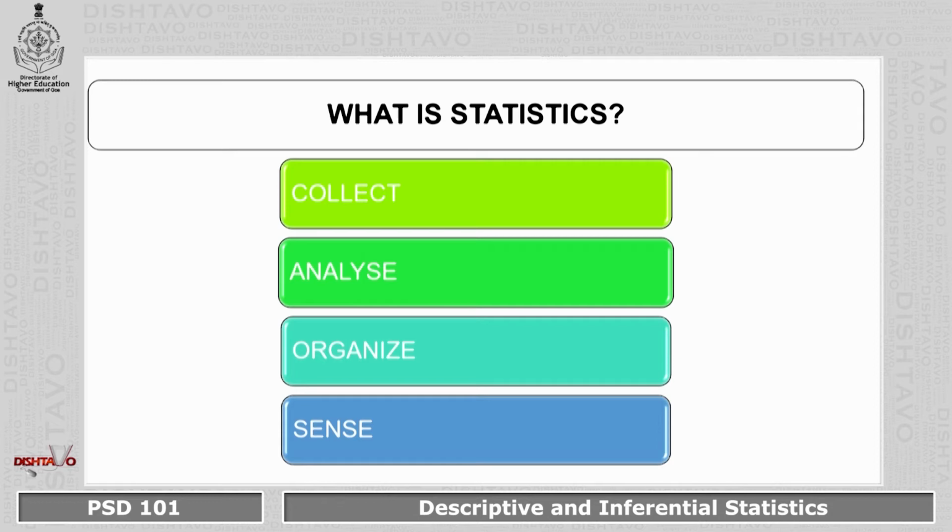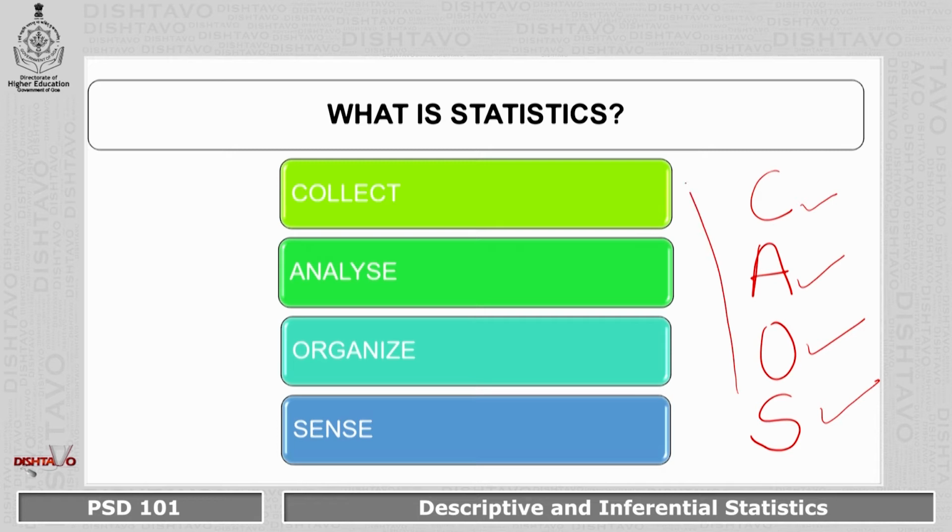This definition can be remembered with the abbreviation C, A, O, and S. Therefore, when we have a lot of numbers given to us, we collect them, analyze them using various formulas, organize and make sense out of them. This gives us the true meaning of statistics.